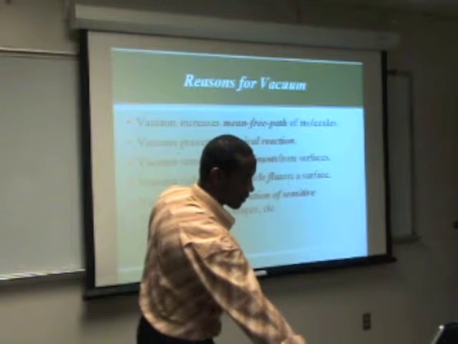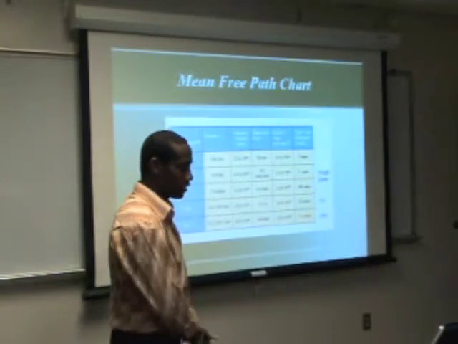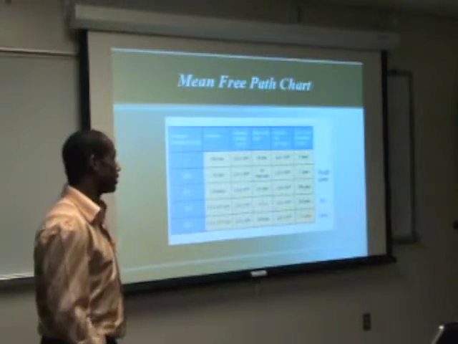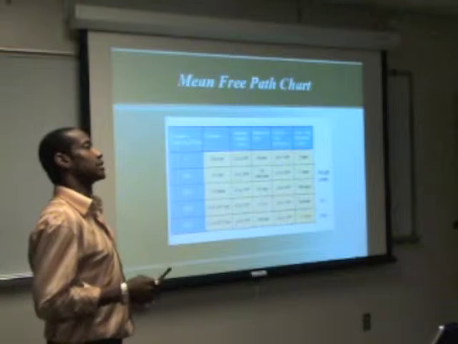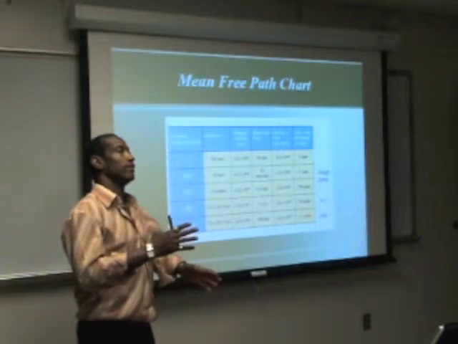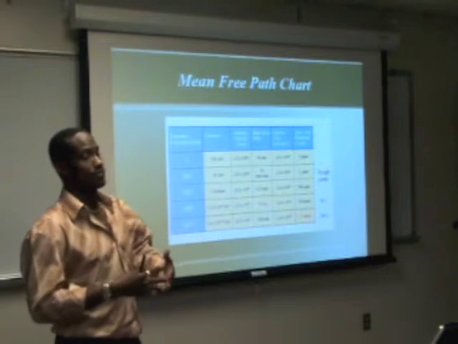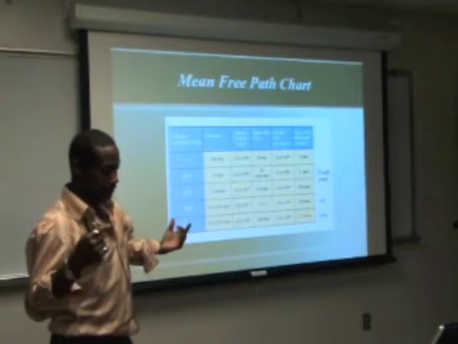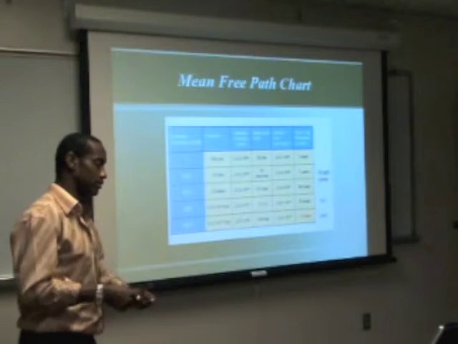Now, as far as the mean-free path, that matters because, as you know, in regular atmosphere we have air composed of all types of different elements and molecules of different elements.